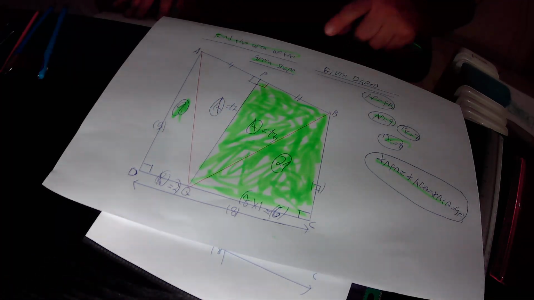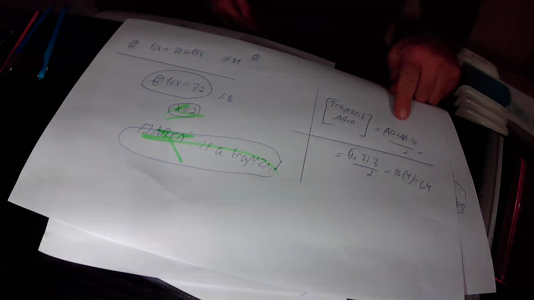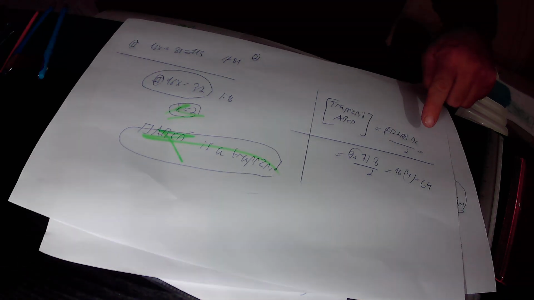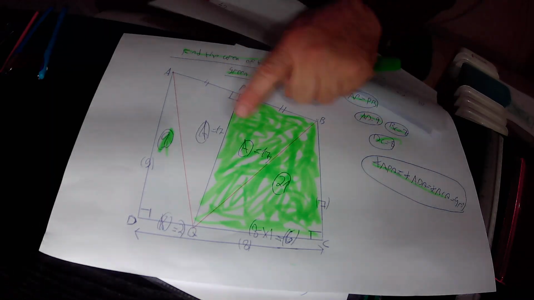And again, the area of trapezoid ABCD equals the sum of the two parallel bases, AD plus BC, divided by 2 times DC. And DC equals 8.